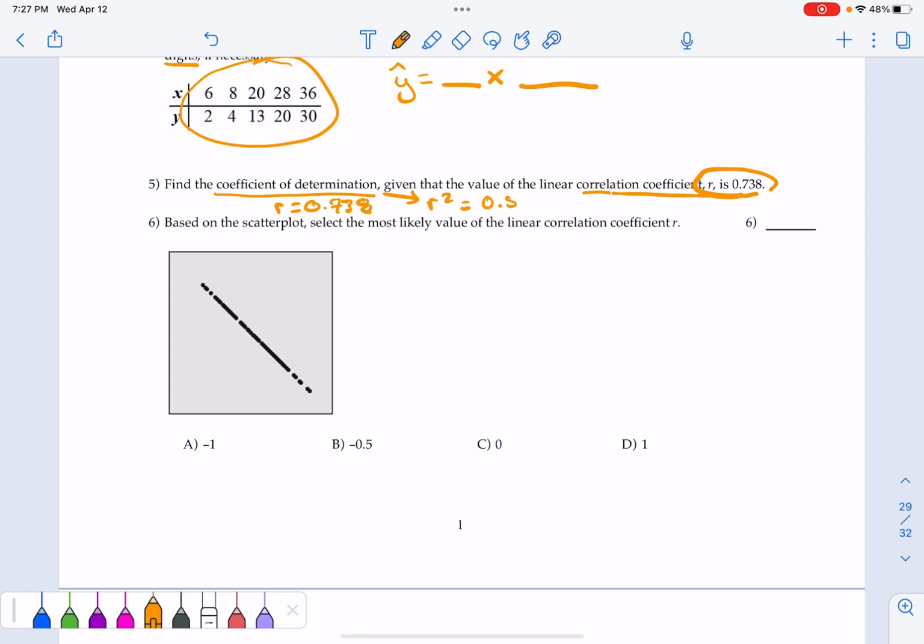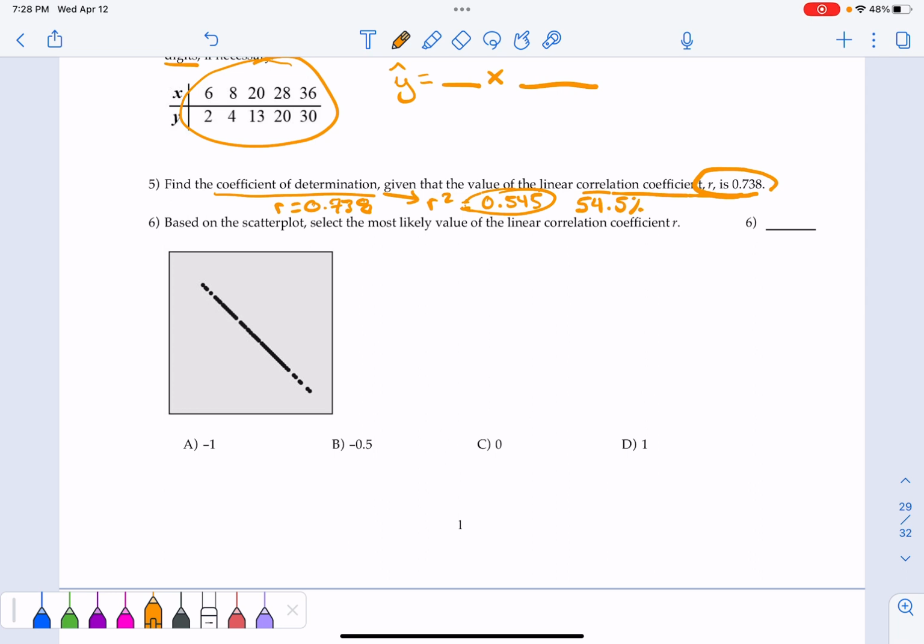0.545-ish. 0.545, okay? Now, we just talked recently about the coefficient of determination and how this number represents a percentage. So if I move that to a percentage, that's 54.5%, which means that 54.5% of my data can be explained by a linear function.